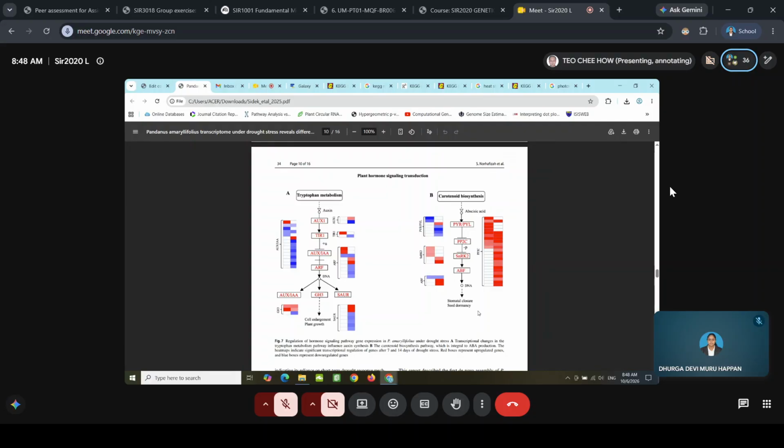If the upregulation of, let's say, gene A leads to upregulation of these genes here, then maybe they are the transcription factors that promote the activation of PYR and PYL genes. And then it leads to stomata closure and provides drought tolerance to the plant.